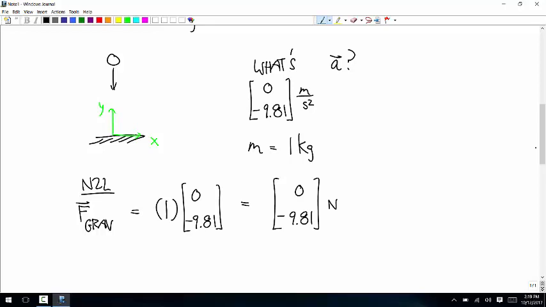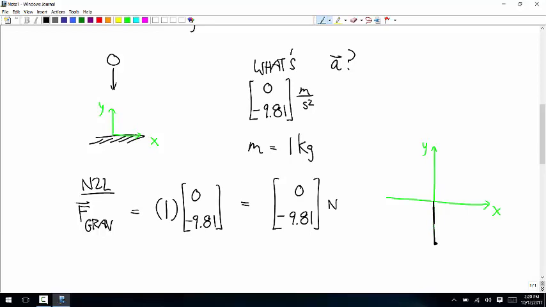Okay, so in order to visualize this vector, here's the coordinate system. Plot that point 0, negative 9.81. And that's the point.